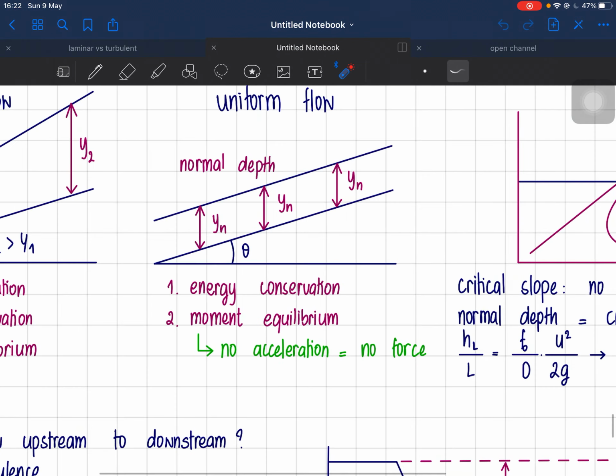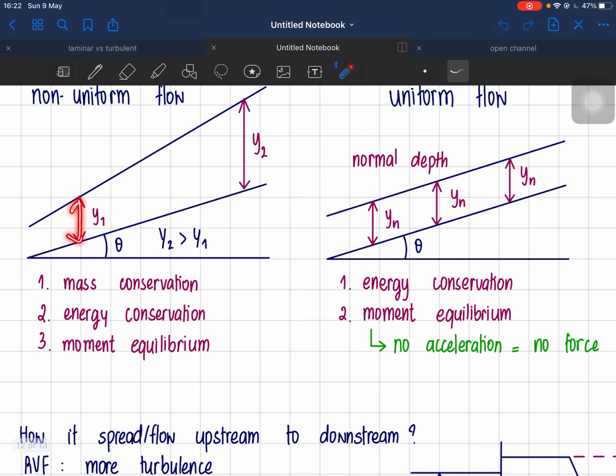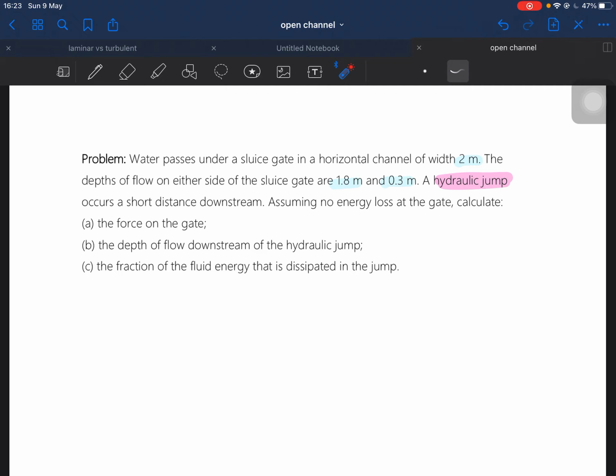But in this one, this one is 0.3 and this one is 1.8. So it starts to have some kind of acceleration that creates the mass conservation equation that's going to happen here. Then we need to find the depth of the flow downstream of the hydraulic jump, and then the fraction of fluid energy that is dissipated in the jump.